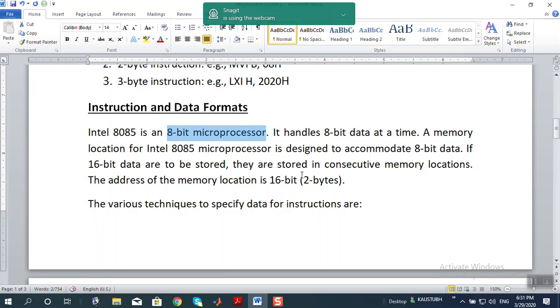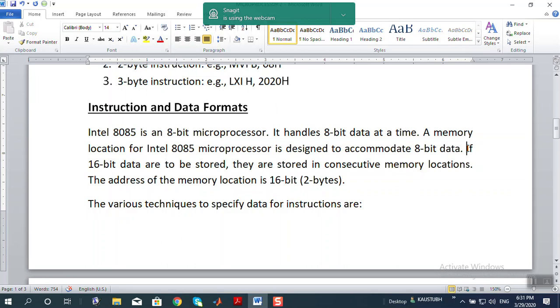Therefore, the memory that you connect with your 8085 microprocessor must have the capacity to store 8 bits in each location. So a memory location for the Intel 8085 microprocessor is designed to accommodate 8-bit data in each cell. Now what happens if I would like to process 16-bit data?